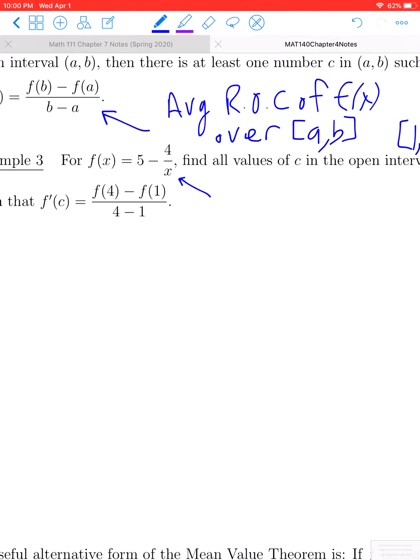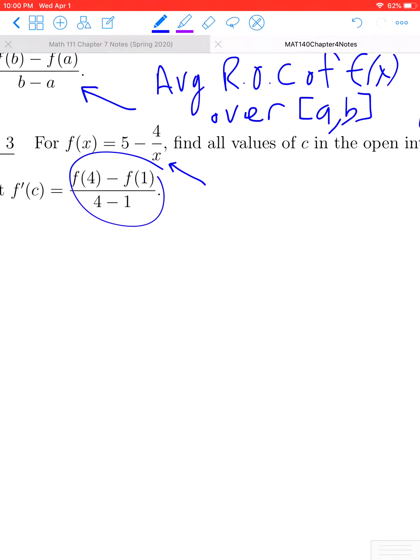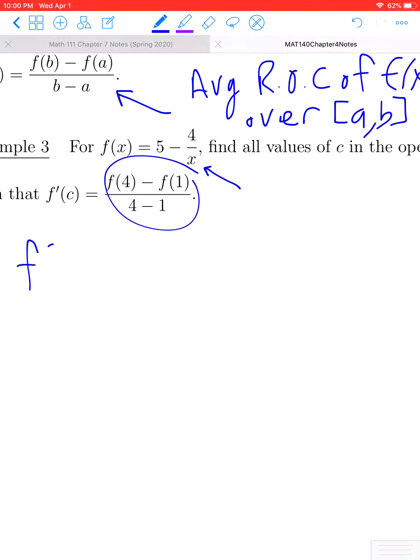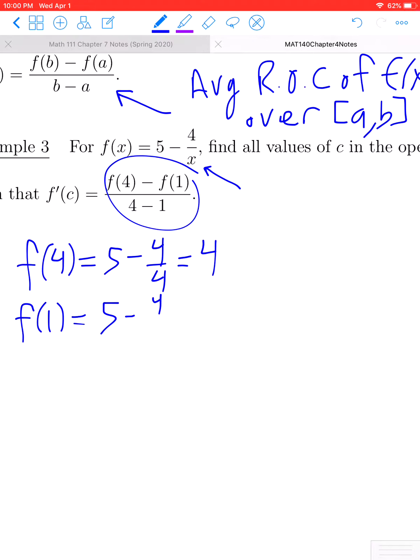Let's find the value for the right-hand side of this expression. So we need two function values. I need f of 4. This is going to be 5 minus 4 over 4, which is 5 minus 1, which itself is 4. F of 1, this is going to be 5 minus 4 over 1, which is 5 minus 4, which is 1.